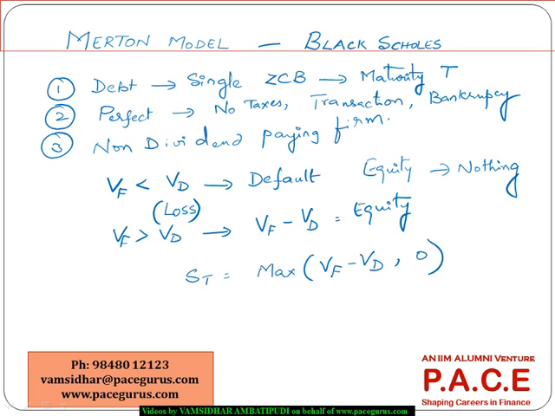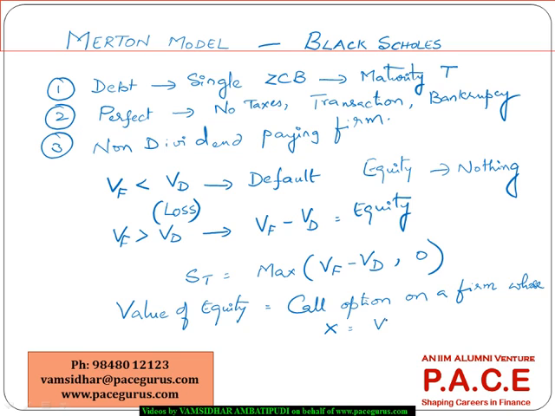So based on this, using the concept of options, I could say that the value of the equity is the same as a call option on a firm whose strike price is equal to the value of the debt.